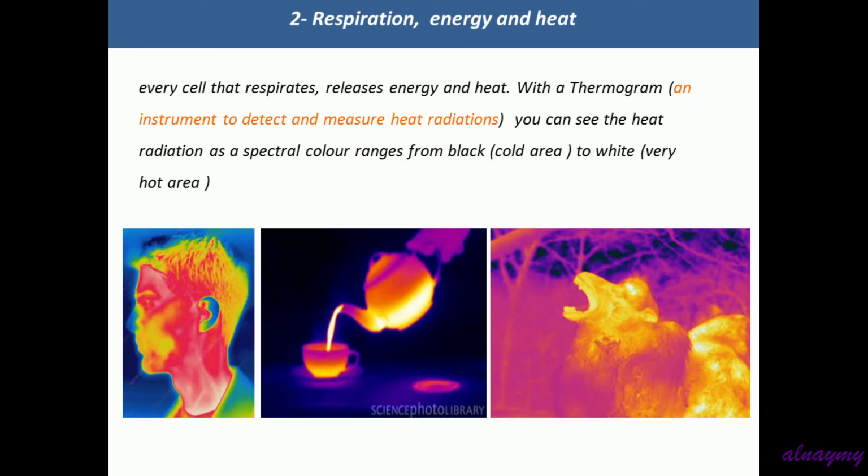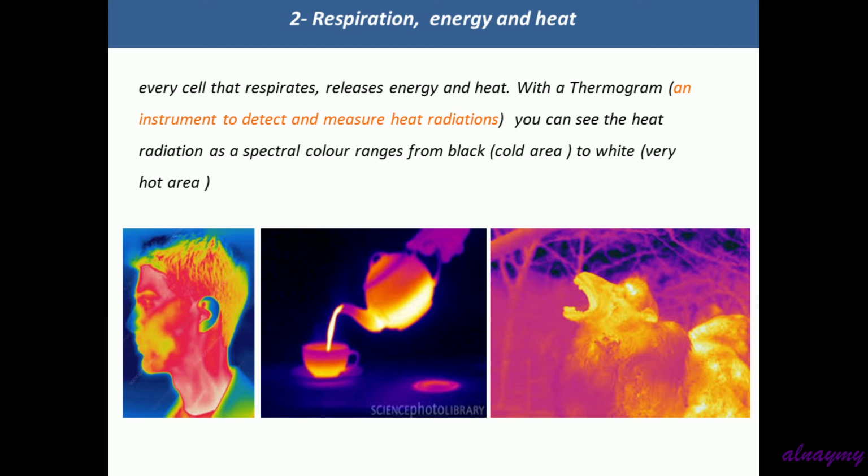With a certain equipment like a thermogram. A thermogram is an instrument that detects and measures this heat radiation in objects and in people. This instrument shows the heat radiation as a spectrum of colors ranging from black to white.